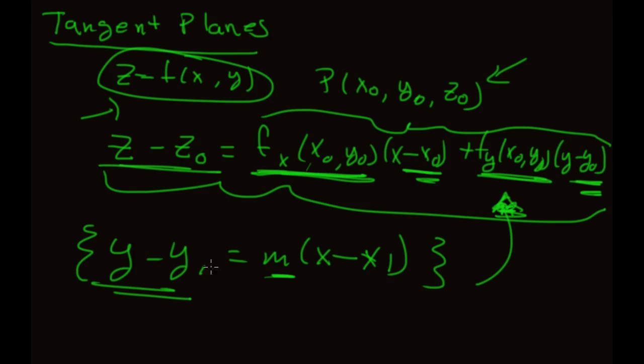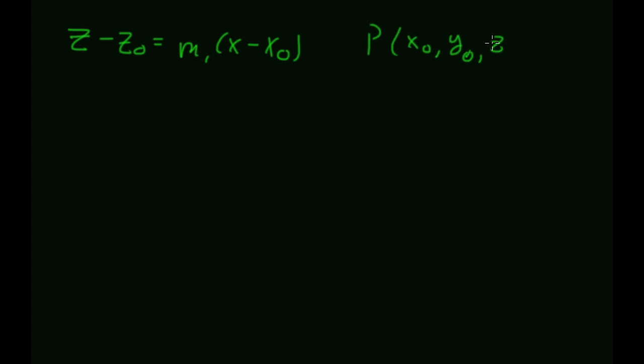We're going to verify that the math here actually works. And we're going to work from the point slope form to show that. So if you use the point slope form with x and z, you're going to get z minus z null is m1 times x minus x null. That's going to give me something that passes through the point x null, y null, z null that's tangent to the surface. In this case, it's going to be parallel to the xz plane.